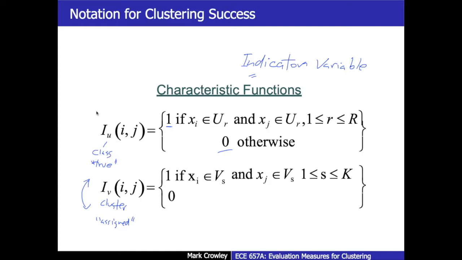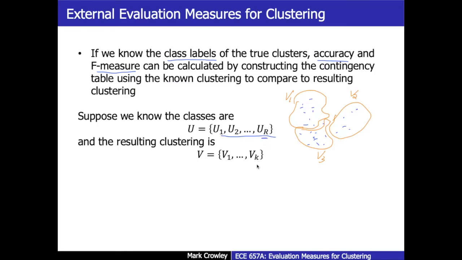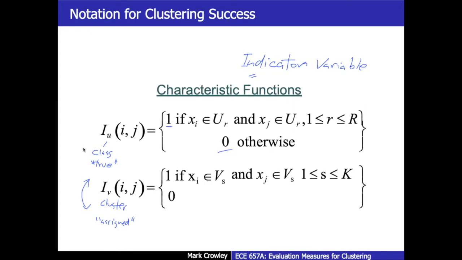Also, note from our definition here, we have R classes and K clusters, right? All we're saying here is that this function is going to give you a 1 if you give it 2 points, i and j, 2 data points in your set. For data points xi and xj, if they're both in class R, we return a 1, and 0 if they're not in the same one.